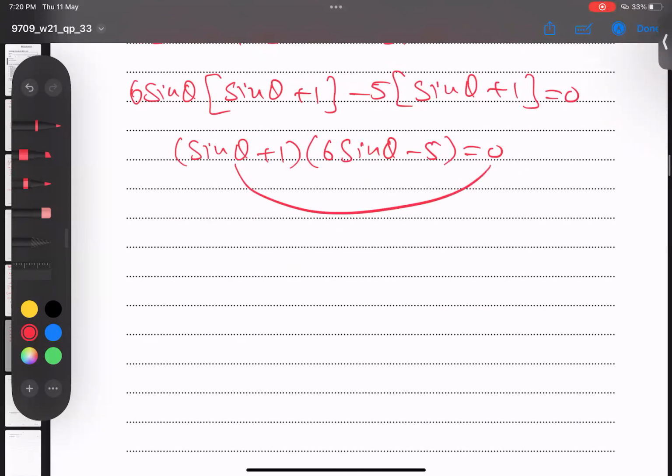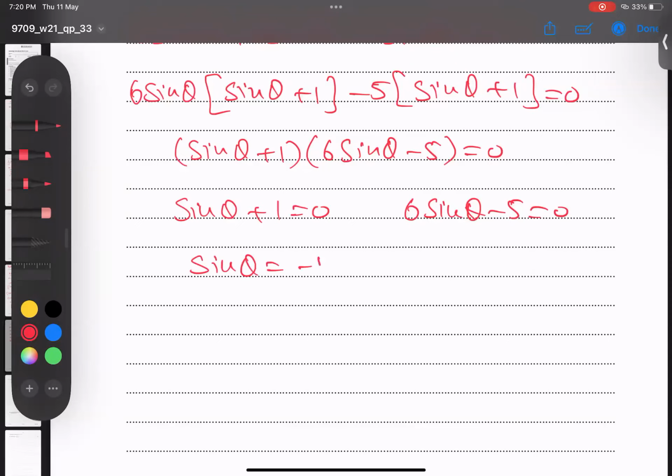So one term is 0 and one term is 0. So I can solve it directly or show some steps, no problem at all. So 1 goes there, so sine theta is equal to minus 1, and sine theta from here, 5 goes there, and 6 divides, so 5 upon 6.